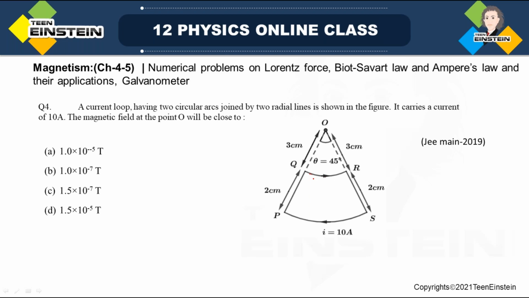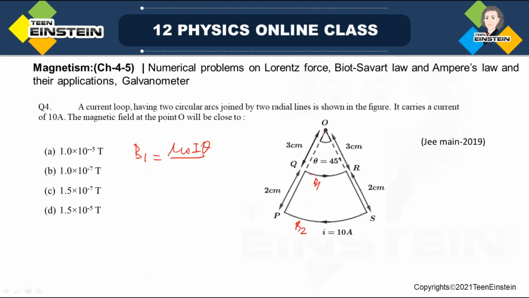Let us say magnetic field due to this one is B1 and due to this is B2. So B1 and B2 can be written with the same formula. See, the formula for this calculation is mu0 I theta divided by 4 pi r.